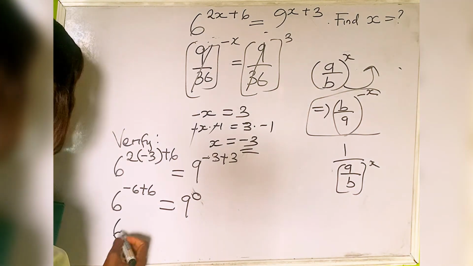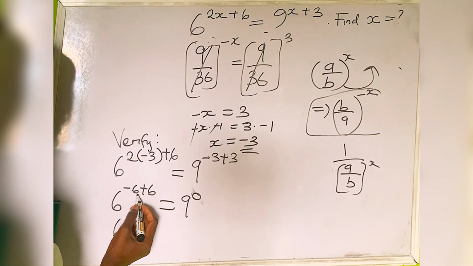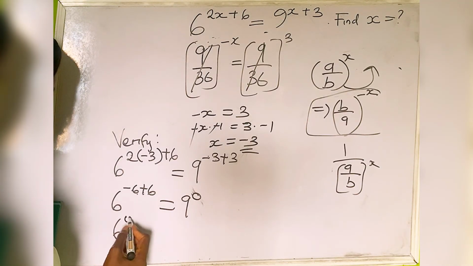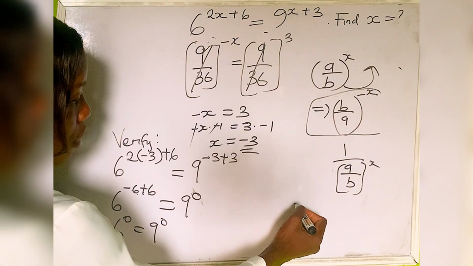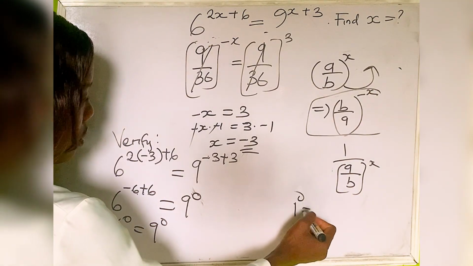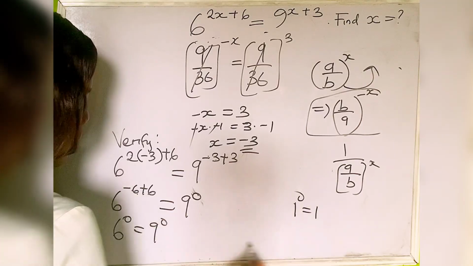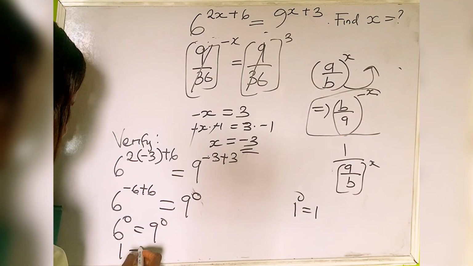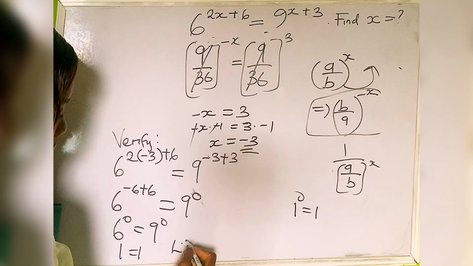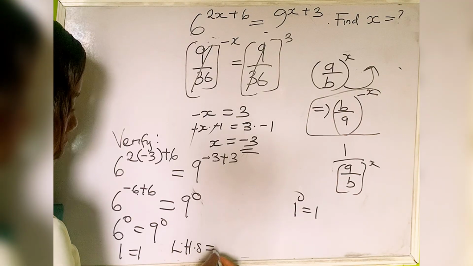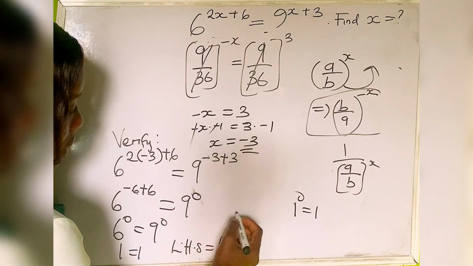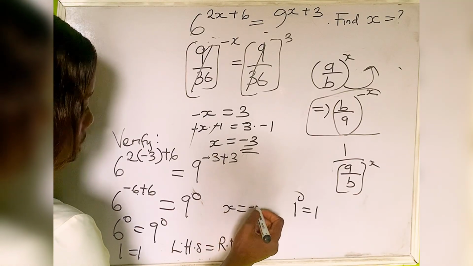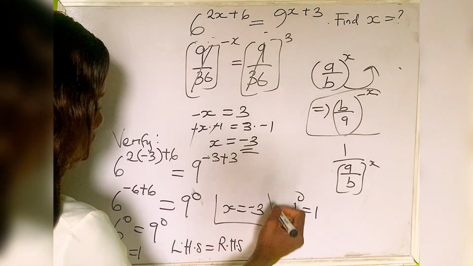Now we have this, negative 6 plus 6 is 0. And any number raised to the power of 0 is equal to 1. So this becomes 1 is equal to 1. So you can see that our left hand side is the same thing as our right hand side. That means the value of our x being equal to negative 3 is correct.